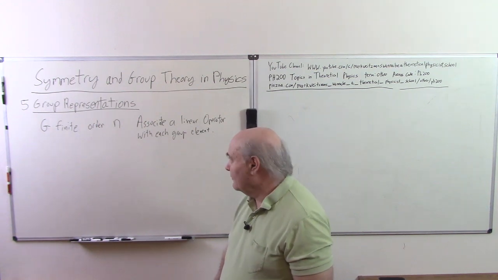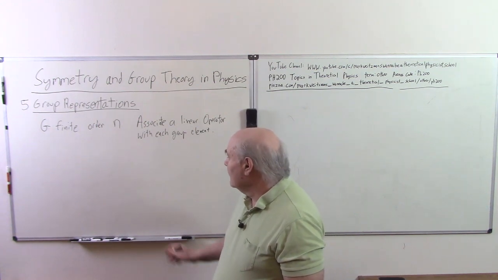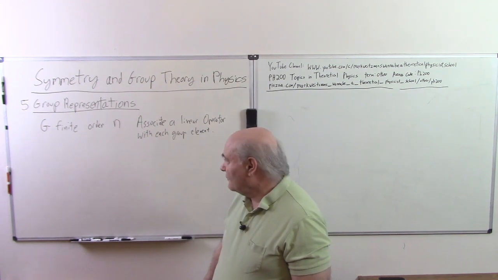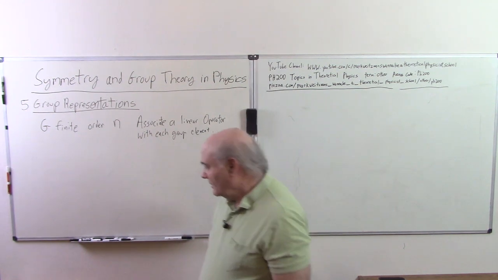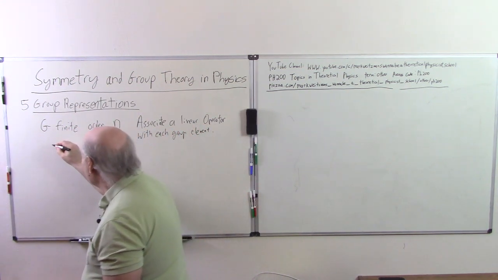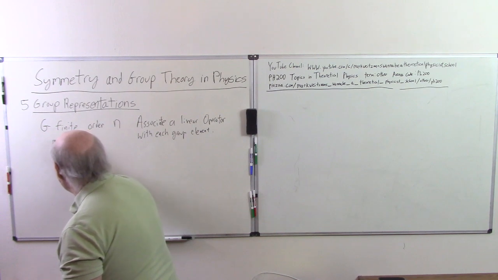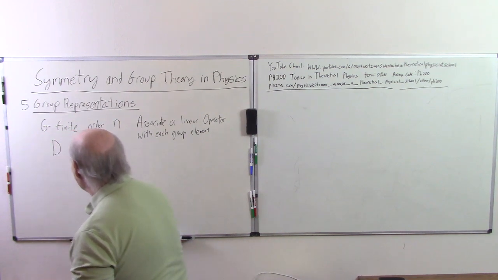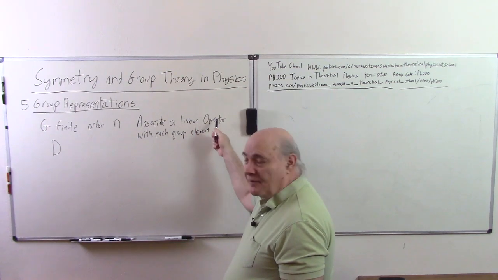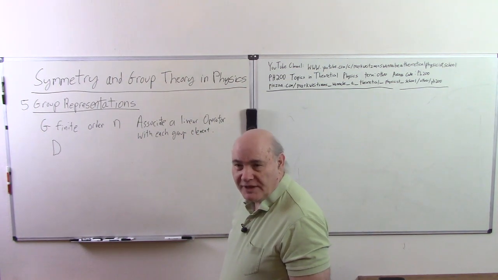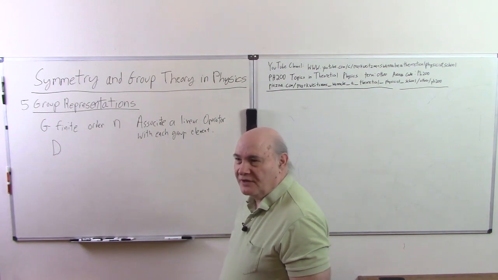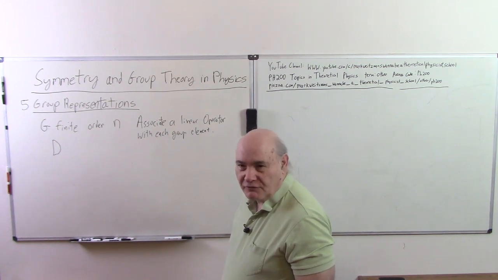So for each element of the group, we're going to associate a matrix, and we have to have two things satisfied. I'll usually use the symbol D for the representation. By the way, since we're having linear operators on a finite dimensional space, we can always use matrices. So when I say a representation, I mean a matrix representation.